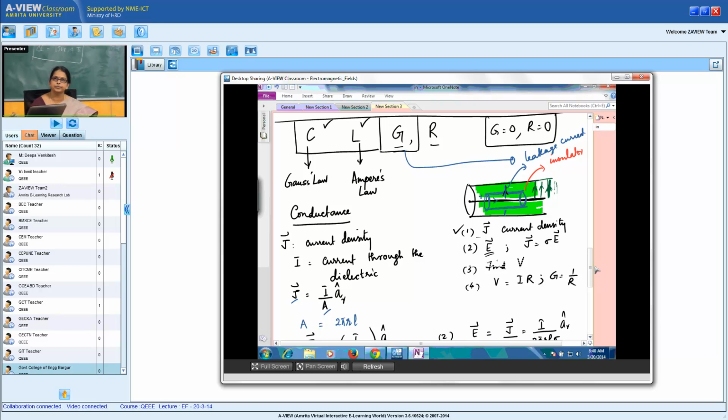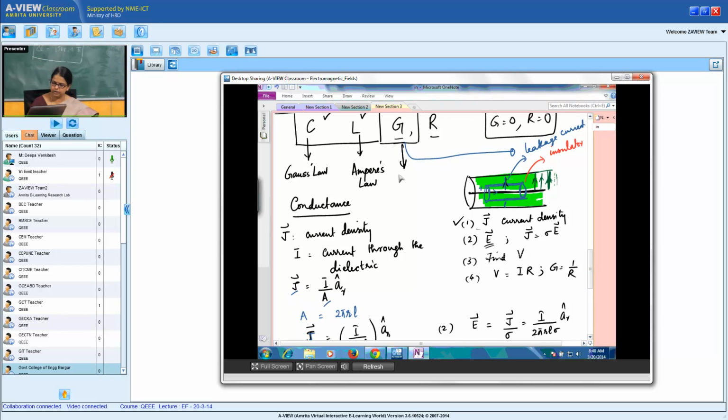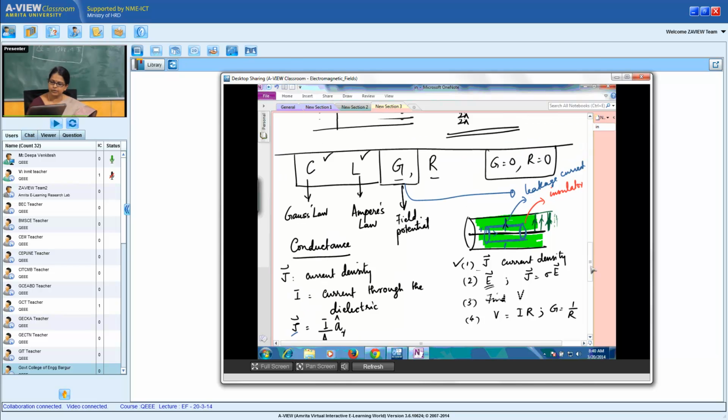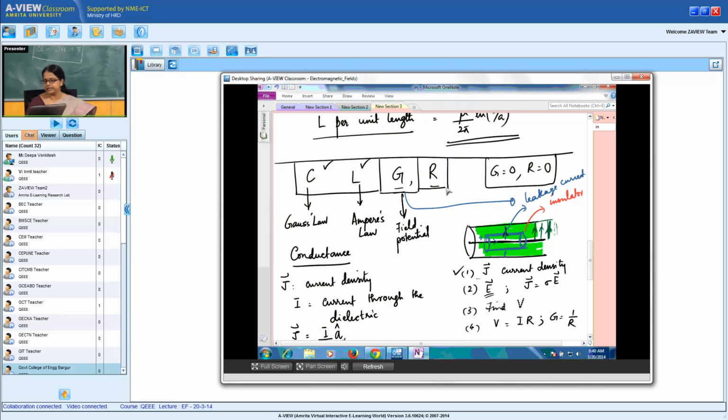So that was a simple enough calculation, based on the definition of field and potential, to calculate the conductance of the transmission line. The last thing calculated is resistance, which is not a very straightforward thing to calculate. You think that the resistance is the simplest thing that you could calculate.